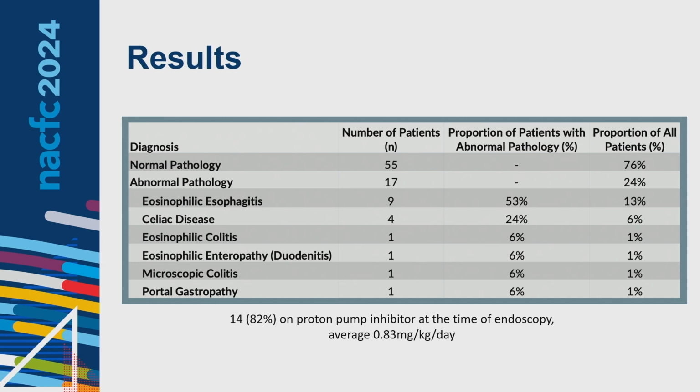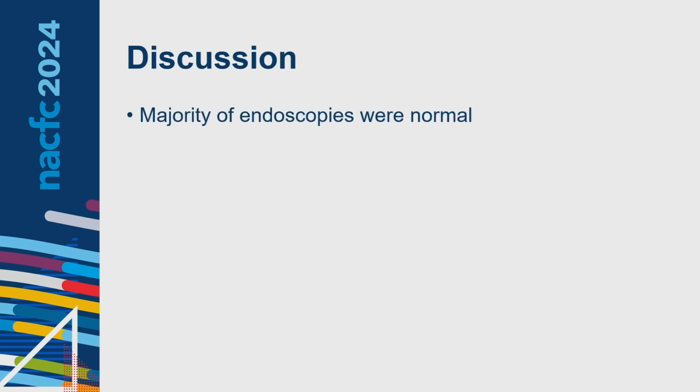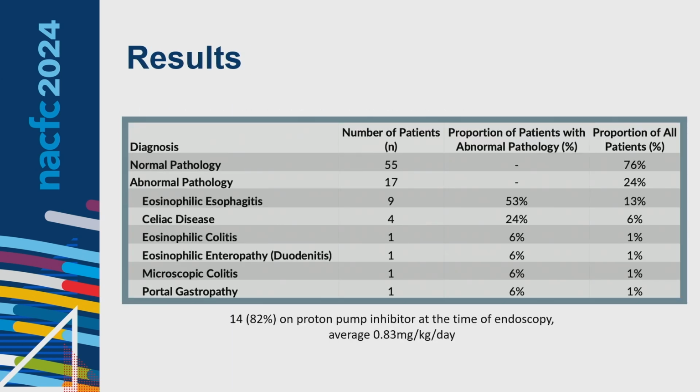We felt that these 17 diagnoses were separate, treatment-changing diagnoses for the patients. I'll go back there just for a second and highlight, as you can see, we have some EOE, some celiac, and then a couple one-offs as far as more eosinophilic, or what we would call EGID, eosinophilic gastrointestinal disorder, or one patient with portal gastropathy.